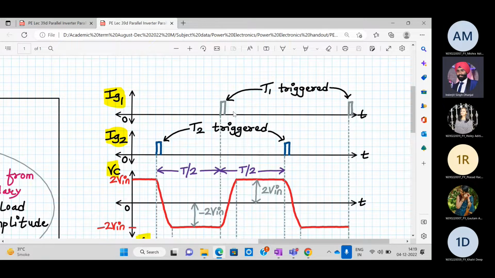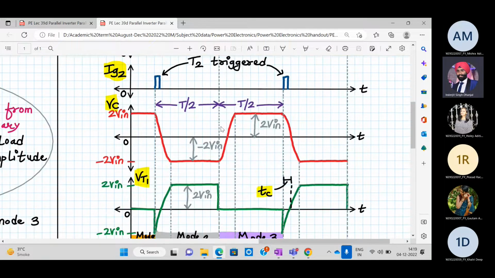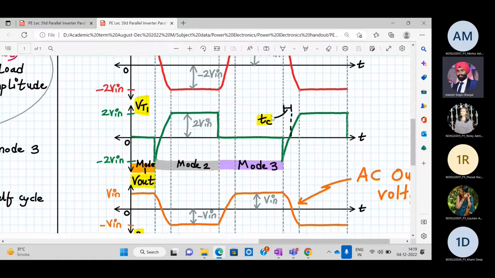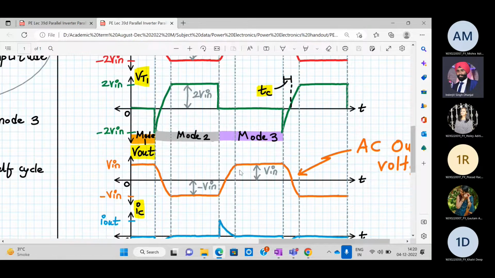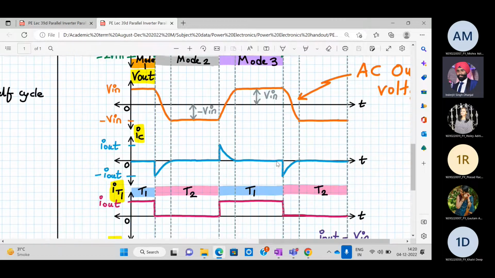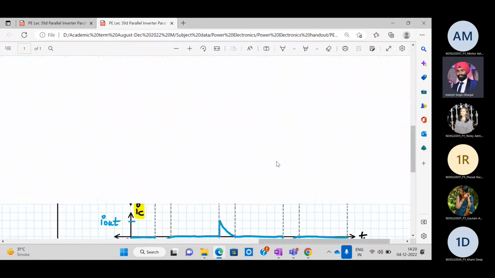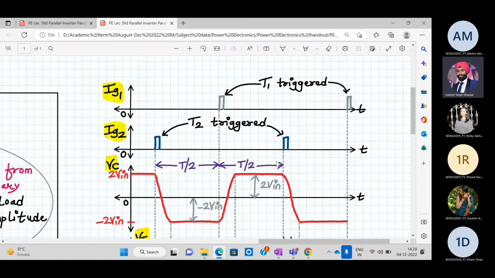Over here we have triggered T1 on. Alright, and as the capacitor voltage reaches 2 V in, your output voltage has also reached plus V in. T1 has triggered on, so this capacitor voltage will hold on that value until we trigger T2 on.